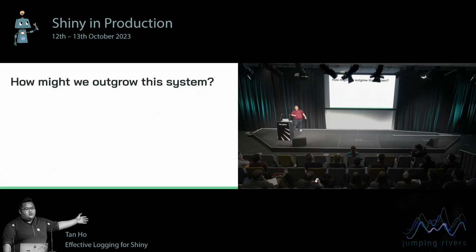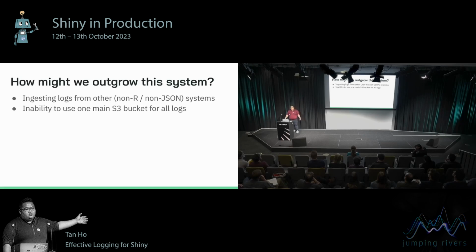So this is good. How might we outgrow the system, right? When you plan this kind of infrastructure, when would it stop making sense for us? If we had to ingest logs from other things, databases, things that don't log naturally in JSON, that would be a good time to start rethinking that. If we couldn't use one S3 bucket for all logs, for whatever reason, we've had clients where we can't just push stuff cross region.